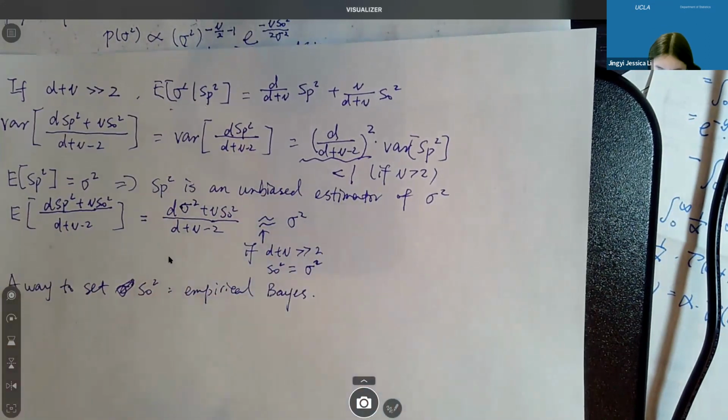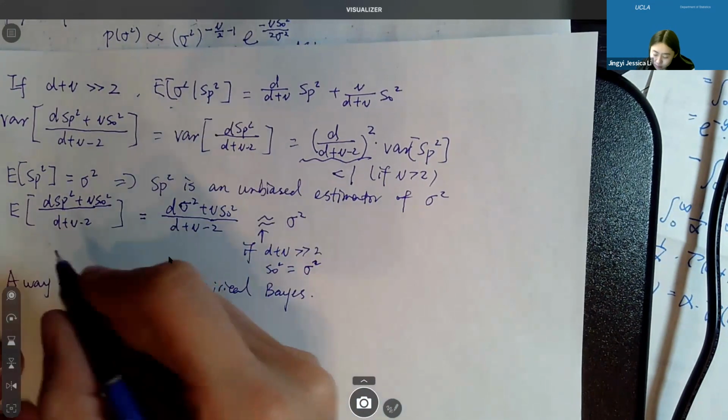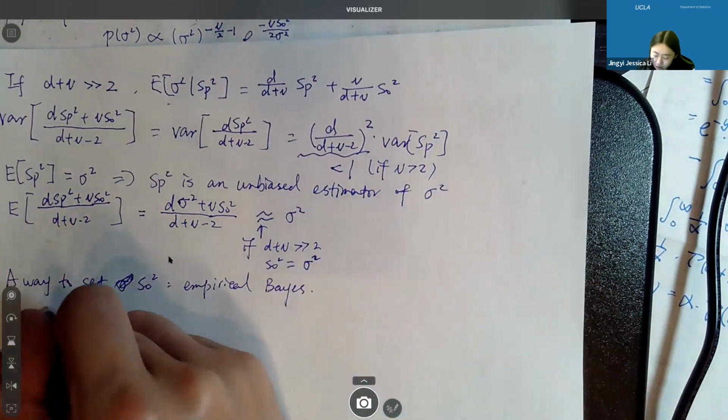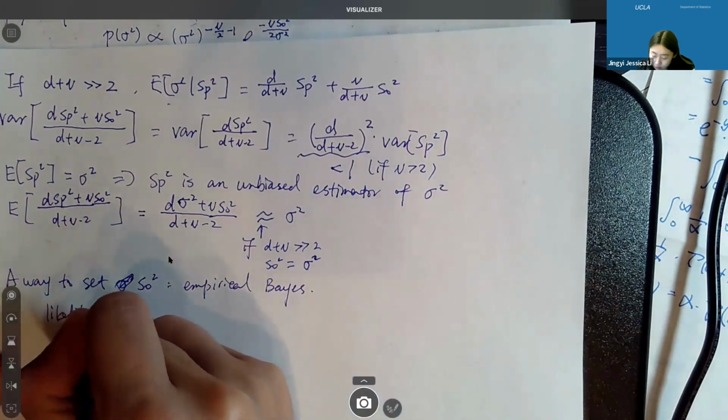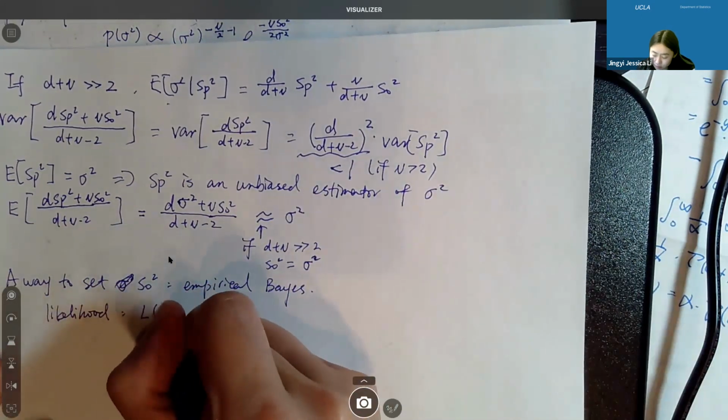Okay, so on the high level, the idea is to use what we call the marginal likelihood. So what's the marginal likelihood? Our likelihood, if you recall, as I said, we can write as L of sigma squared.